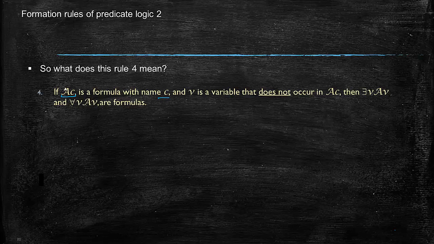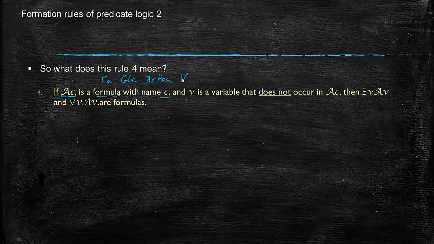So this capital A can be any predicate, the C can be any name, and it can be any formula whatsoever in predicate logic. So it could be something simple like FA, or it could be GBC, right? Or it could be there exists an X, FXA, right? It just has to contain a name somewhere along the line.